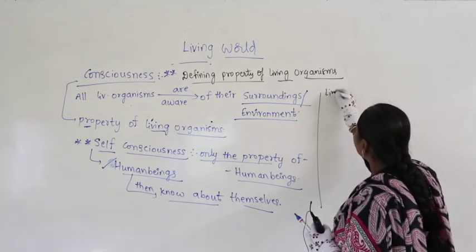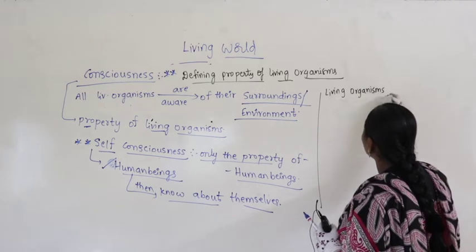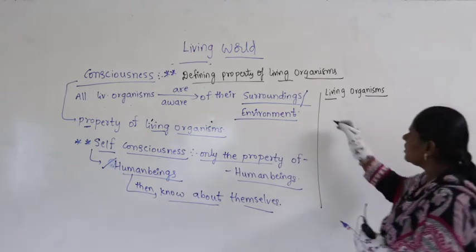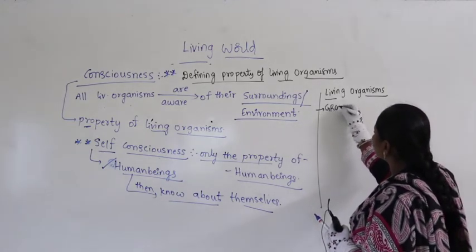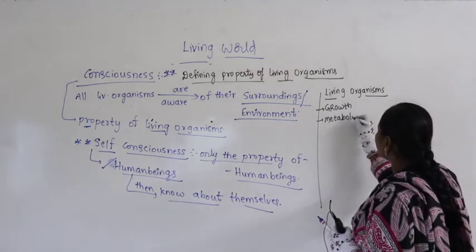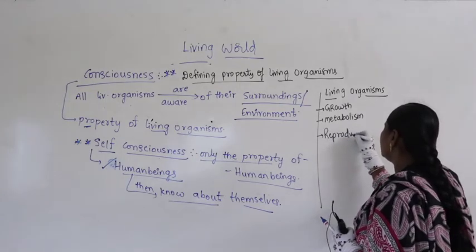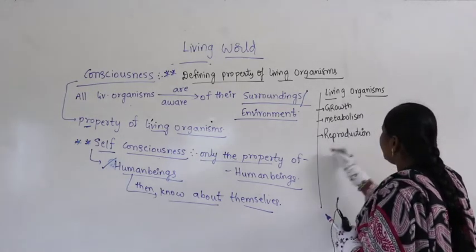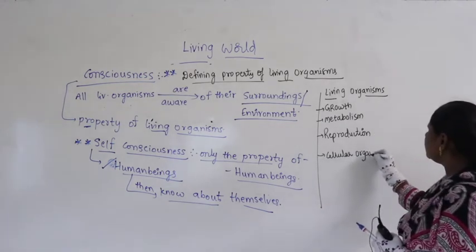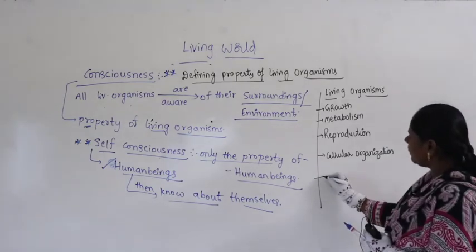For defining a living organism, what are the parameters we have taken into consideration? What parameters we have studied in defining a living organism? Now let us take into consideration growth, then metabolism, even we studied about reproduction, right. Apart from this, even we discussed cellular organization, right? And then interactions.